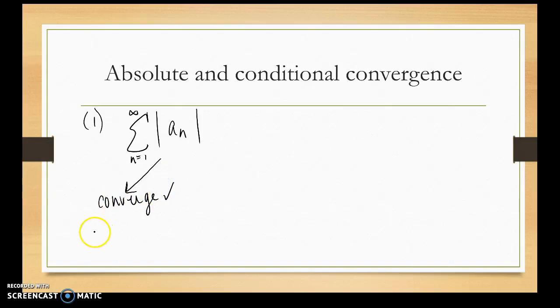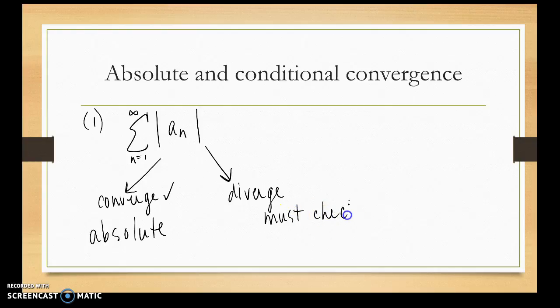If it does converge, then it's an absolute convergence. Okay? Converges absolutely. If this diverges, then it could be conditional, but you have to check to see if the series itself would converge, okay?